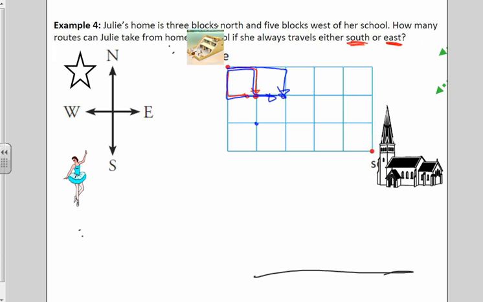Now, how many routes can she take to get to this location here? It's kind of the same as this one here, so she can take 3 again, right? 1, 2, 3. Okay, I'm just going to erase this for now. And we said that she could take 3 ways to get there and 3 ways to get there, 2 ways to get there. What do you think about this one?